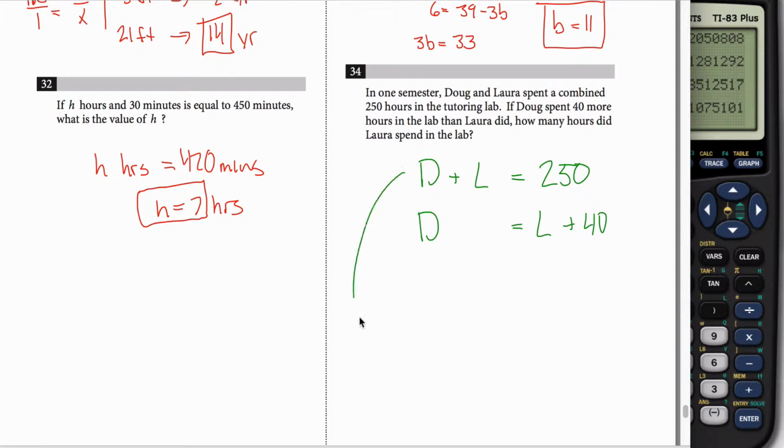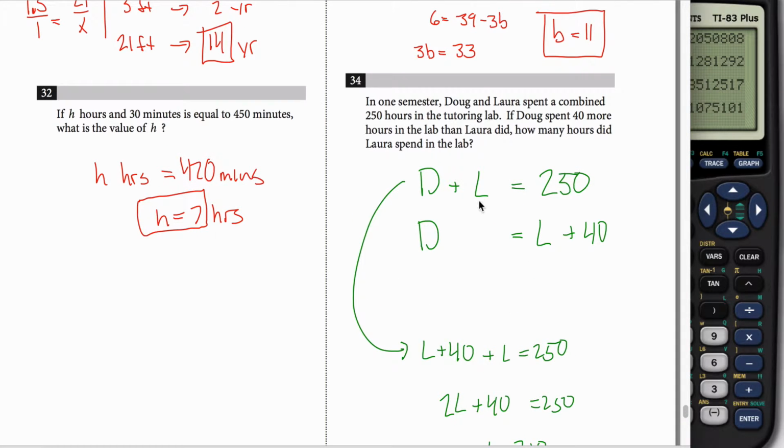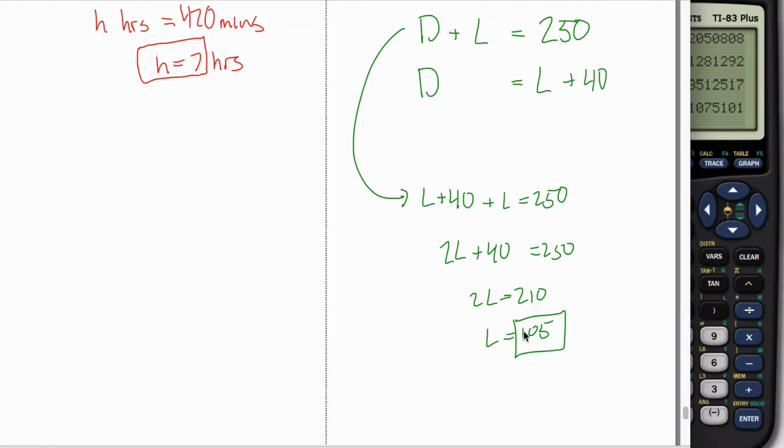So I'll take this first equation, and everywhere I see a d, I'll instead write L plus 40. So I got L plus 40 plus L equals 250. So then I got 2L plus 40 equals 250. So 2L equals 210. So L equals 105. So it looks like Laura spent 105 hours in the lab.